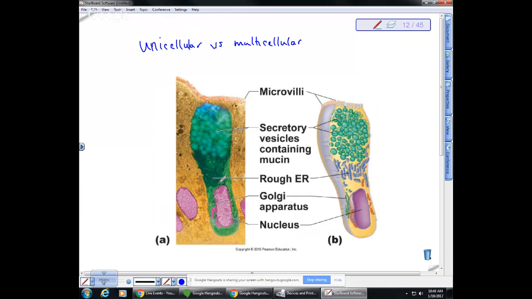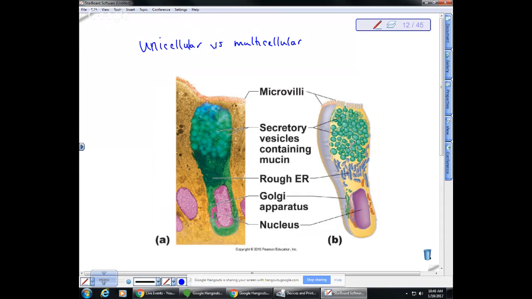So here you can see the rough ER. In cell biology, you learned about the different organelles in the body. There's a piece of DNA here, a gene that codes for mucin, and mucin is a protein. That gene gets transcribed and then goes out to the rough ER where it's translated, and then you have secretory vesicles containing proteins.